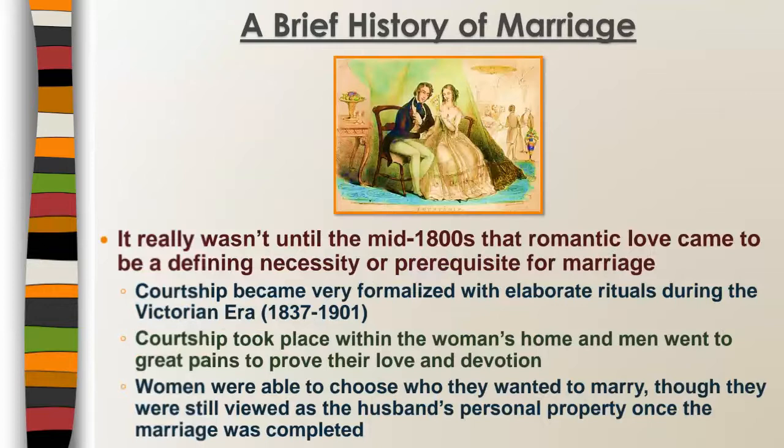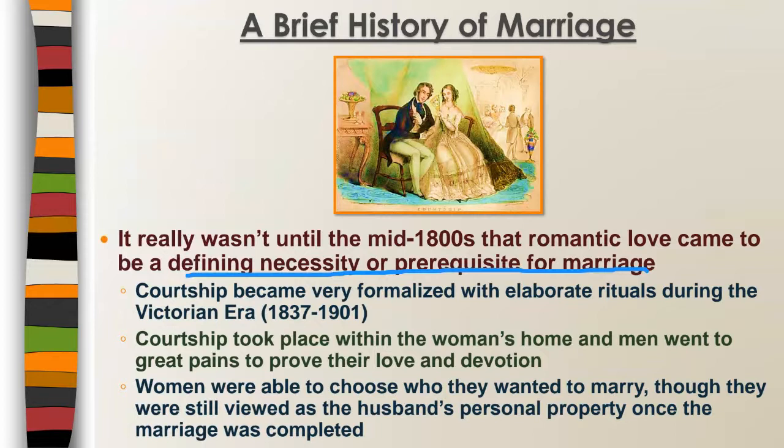So it wasn't until really the mid-1800s that romantic love came to be a defining necessity and even a prerequisite for marriage. Think of all these Jane Austen books and movies, Pride and Prejudice, with a really heavy emphasis on courtship and romance.